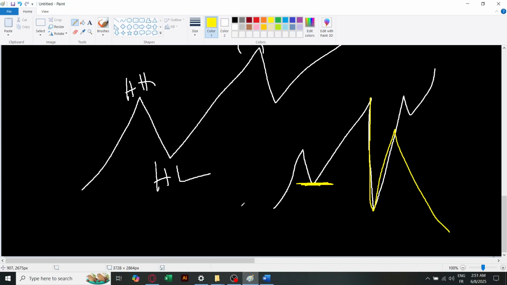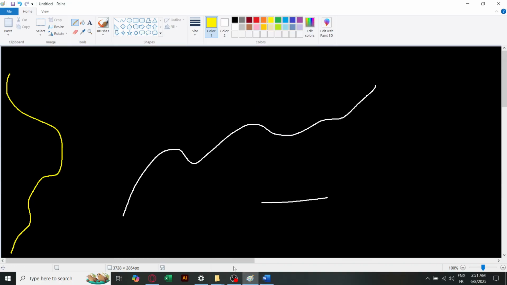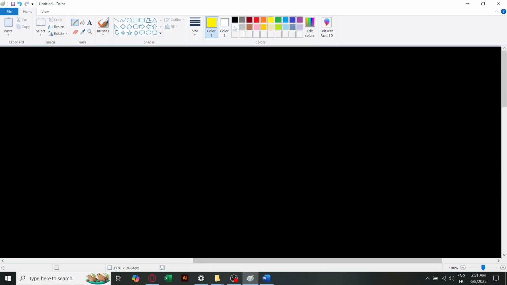So let me teach you something in the volume profile. As I told you, this is a normal volume profile or a normal distribution, and there is the point of control which prices are attracted to.